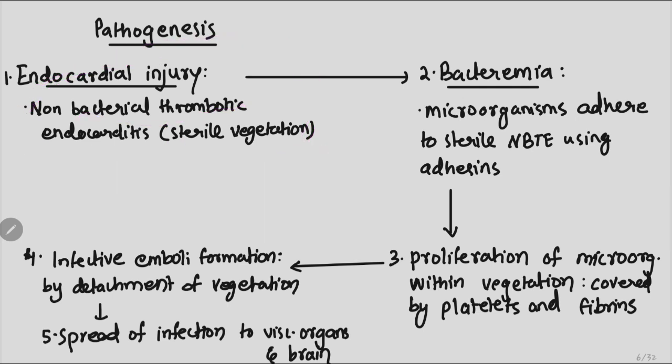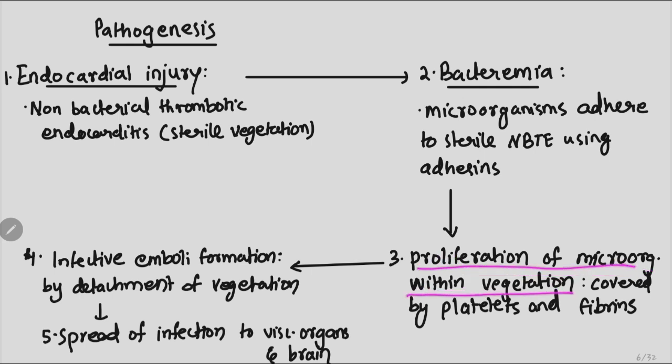Further, when bacteremia occurs, these microorganisms adhere to the sterile non-bacterial thrombi using certain proteins called adhesins, and then proliferate within the non-bacterial thrombotic vegetation.